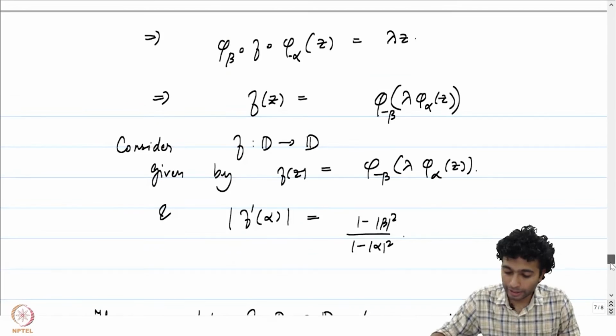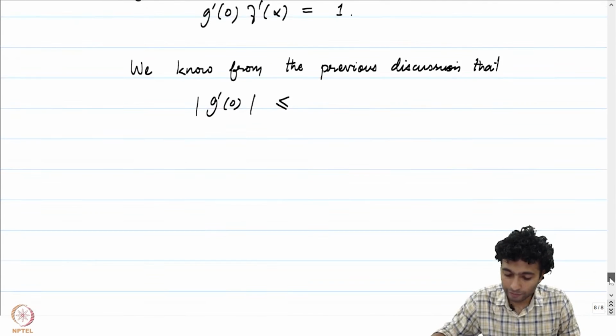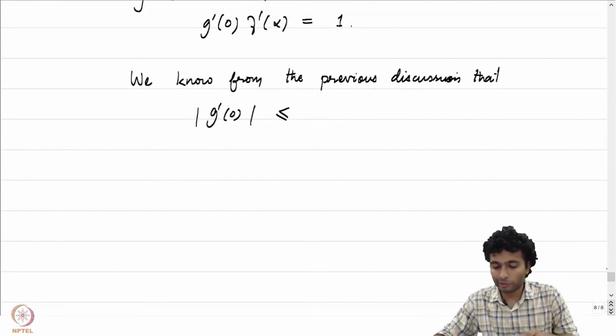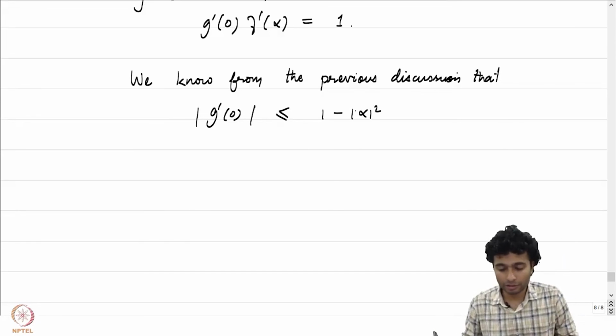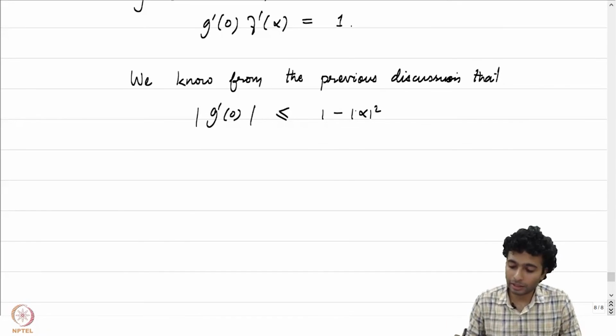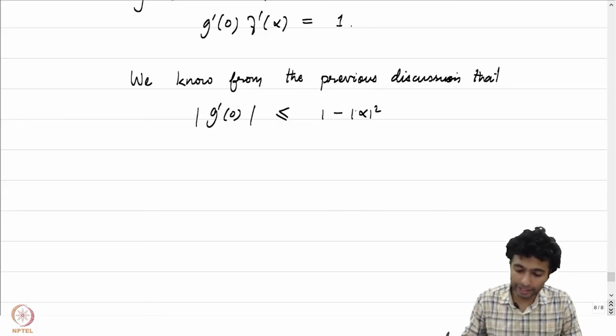So if you write it down carefully, what is α and β here? α is 0 here and β is α here. So this is going to be equal to (1 - |α|²)/(1 - 0), which is 1 - |α|². So this is precisely the bound that we will be getting.